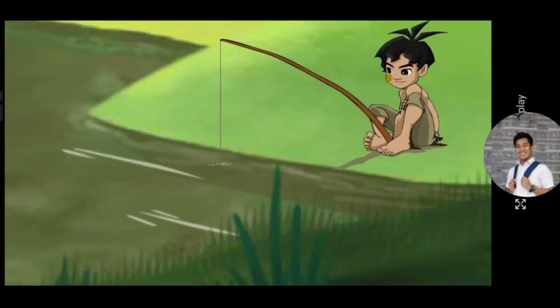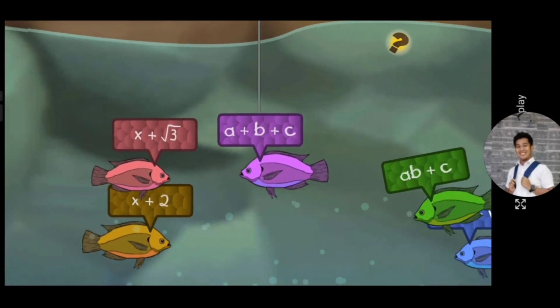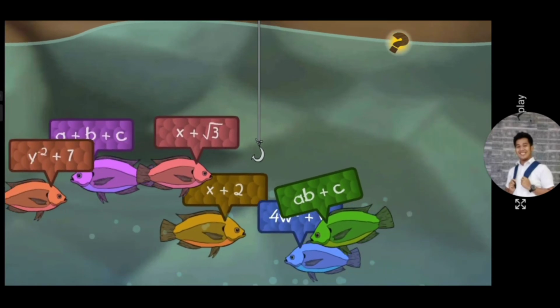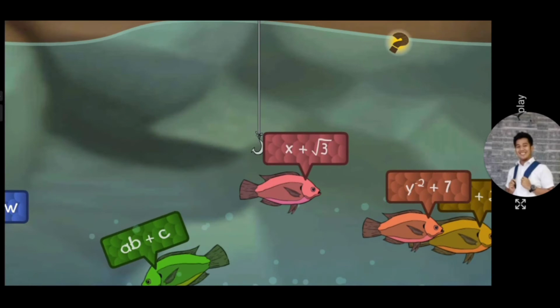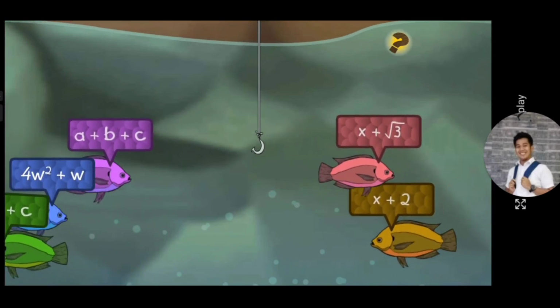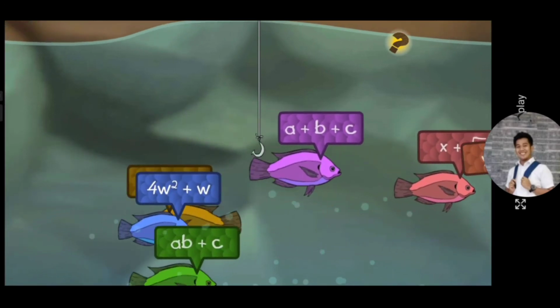Now this boy, as you can see, his name is Sinag. So we're going to help Sinag catch the fishes, those with polynomials. Okay, so where are we going to start? Is it with the color green, pink, orange, violet, or blue?